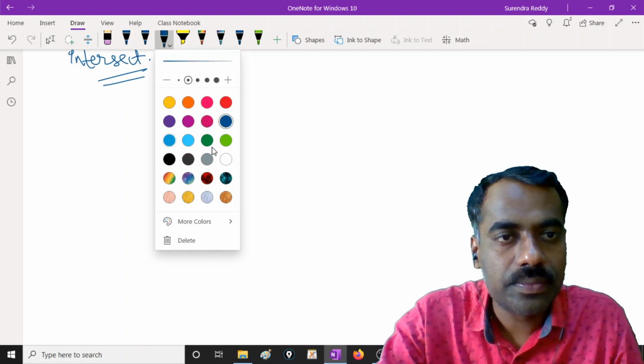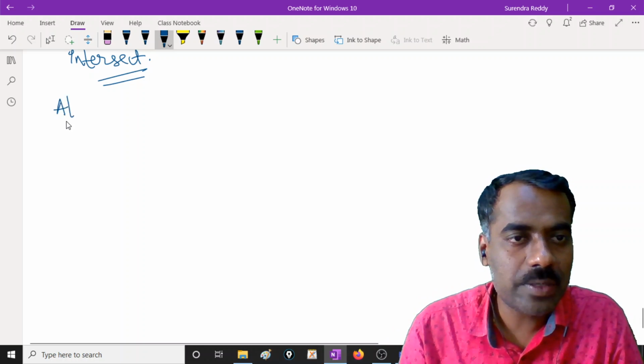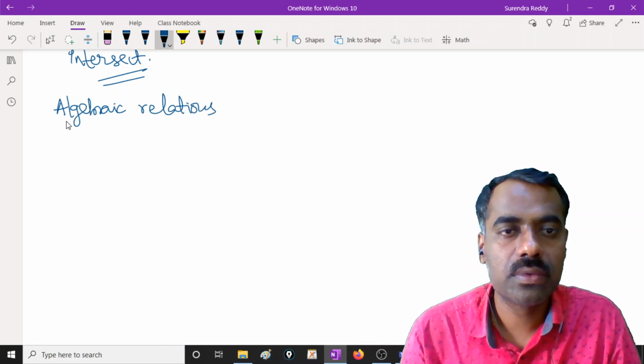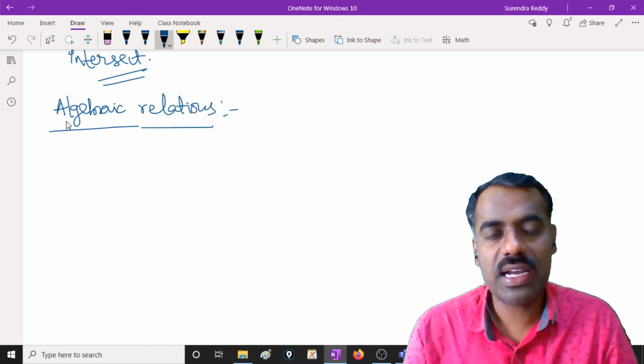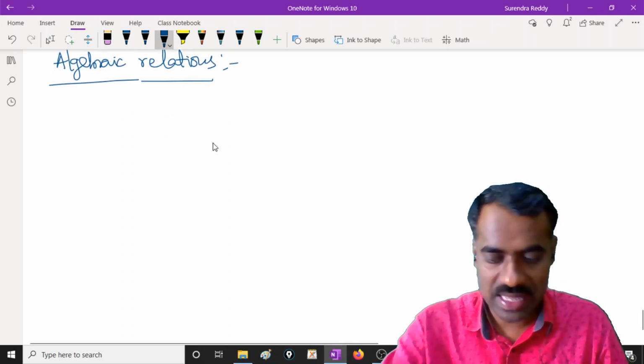That is the algebraic property, some algebraic relations we will see for posets, lattices, and so on. First, what is meant by these algebraic relations?